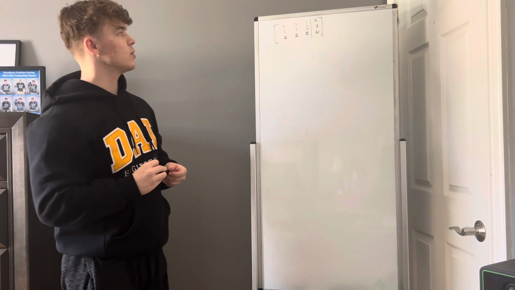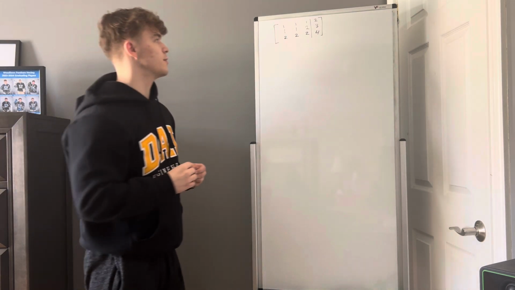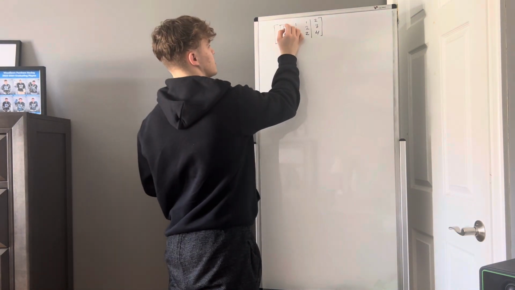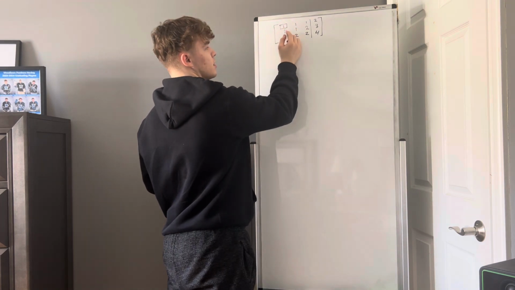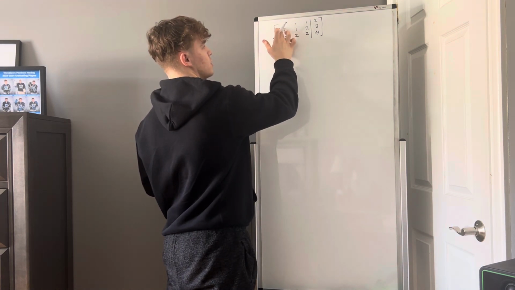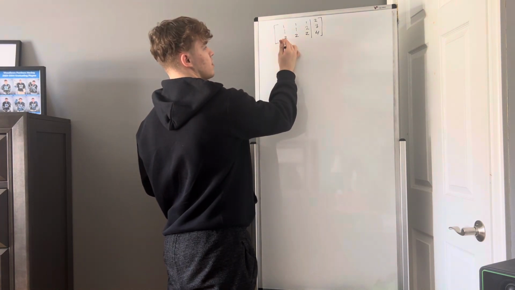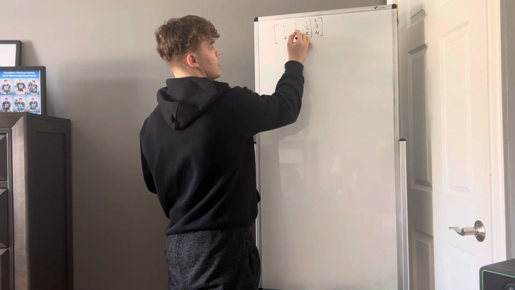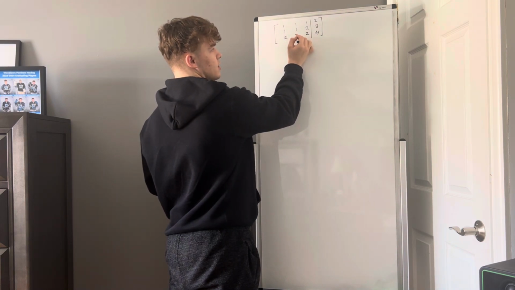What our Gauss-Jordan elimination would tell us to do is basically take this, subtract or add to these rows to make these zeros, and then we would use this, add or subtract to this row to get zeros.